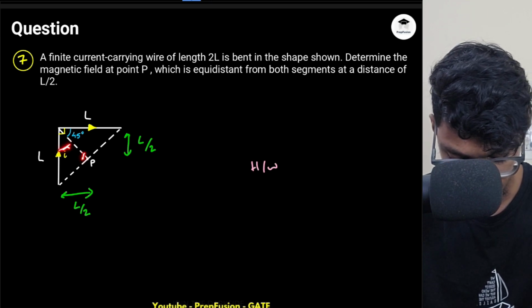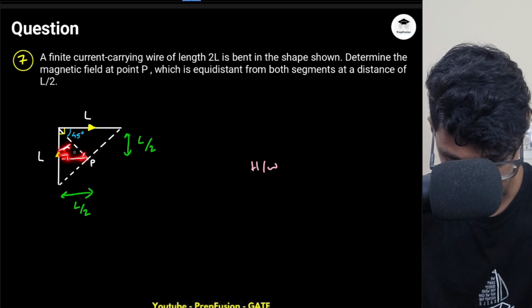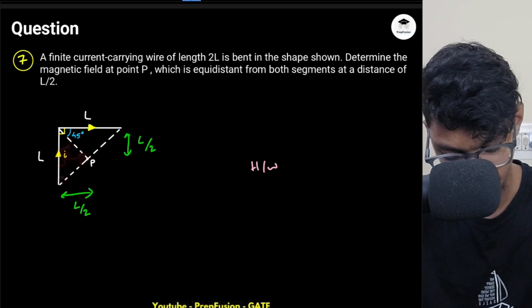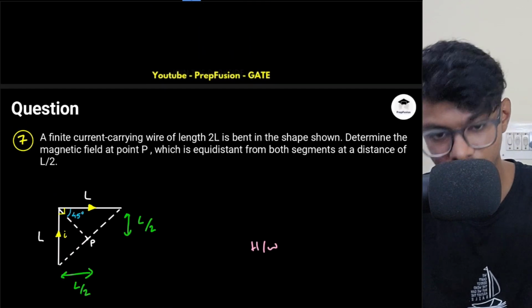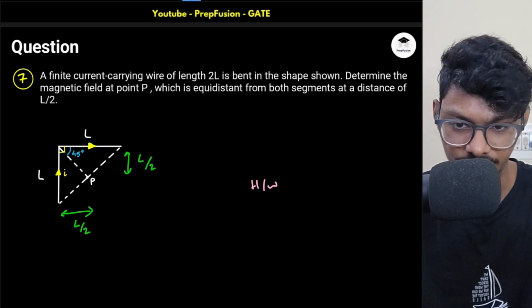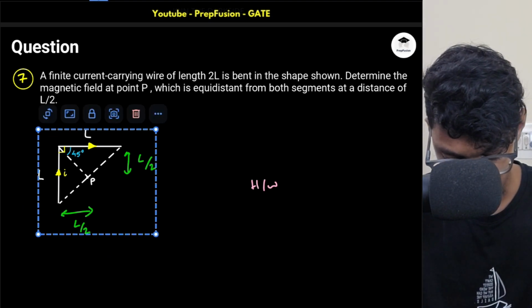This angle will also be 45 because this angle is 90. This angle is 90, this is 45 and this is 90. So this has to be also 45 and this also 45. Overall this will be 90. These triangles will be 45. You can do the simple geometry. Both alpha and beta in both the cases will be simply 45.